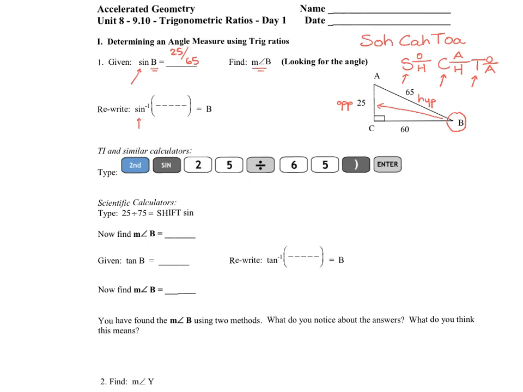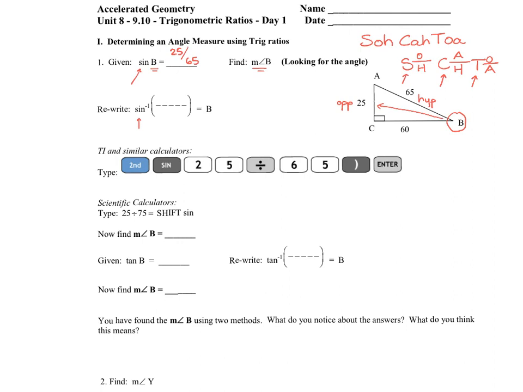You'll notice on your calculators that over the trig functions of sine, cosine, and tangent, there are second functions that look like sine to the -1, cosine to the -1, and tangent to the -1. These are called your inverse trig functions. And trig functions and their inverses are basically opposite operations.